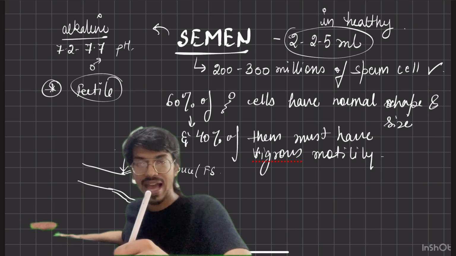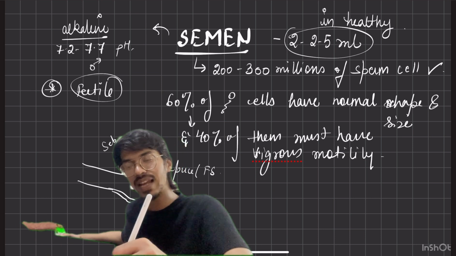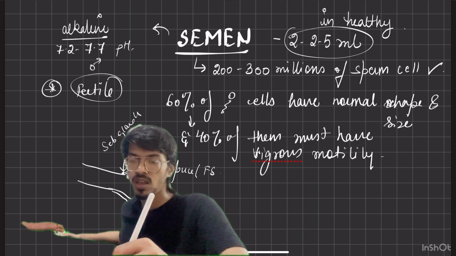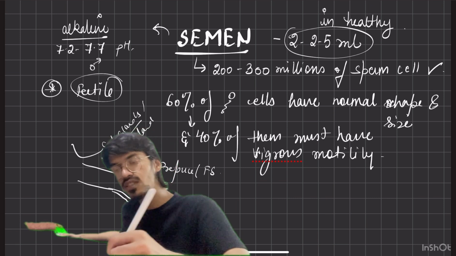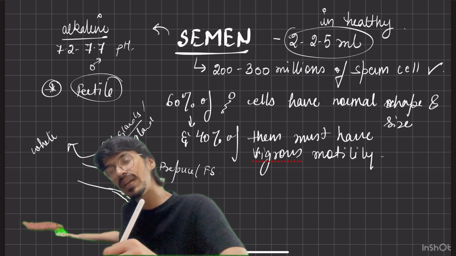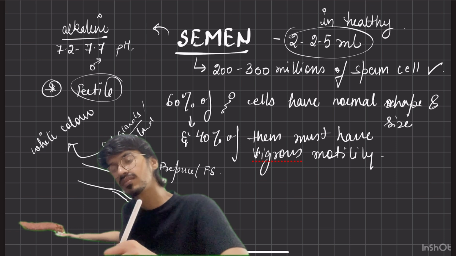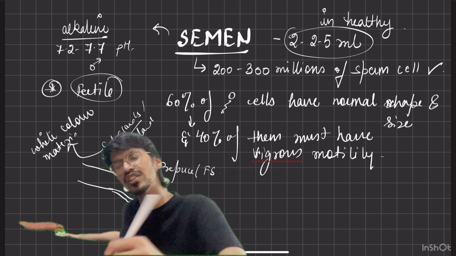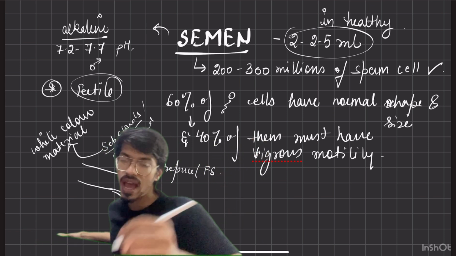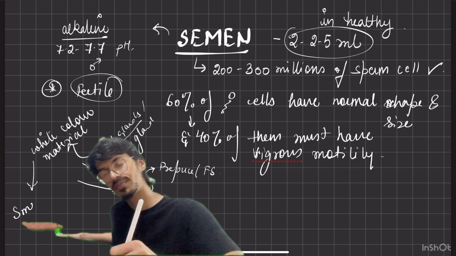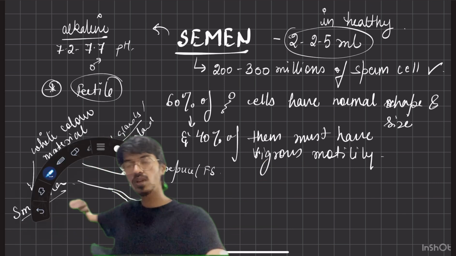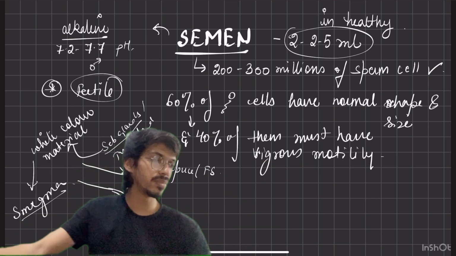The neck has sebaceous glands called Tyson glands. They release a white colored material. Sebaceous secretions means oily secretions, and that material is called smegma. So you have to just remember a few points.